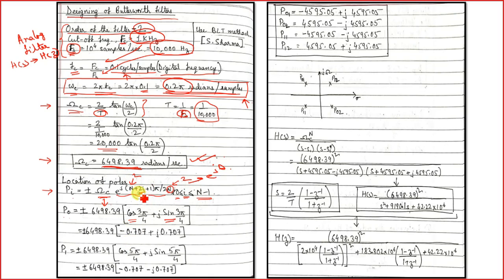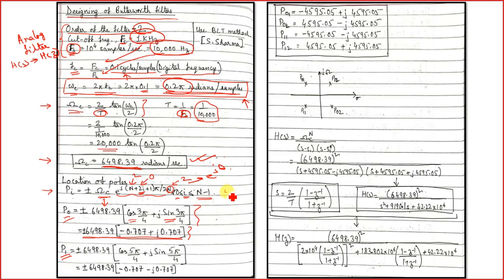Over here you have 2i, so for the P0 calculation, i will be 0. After putting all this in, you get this equation and then finally this one. So your poles P0 are located at these two locations.